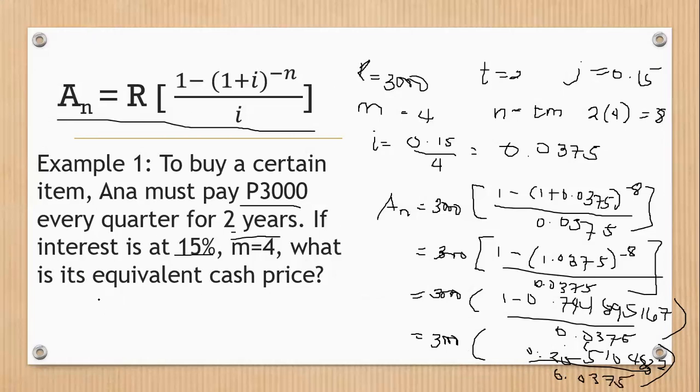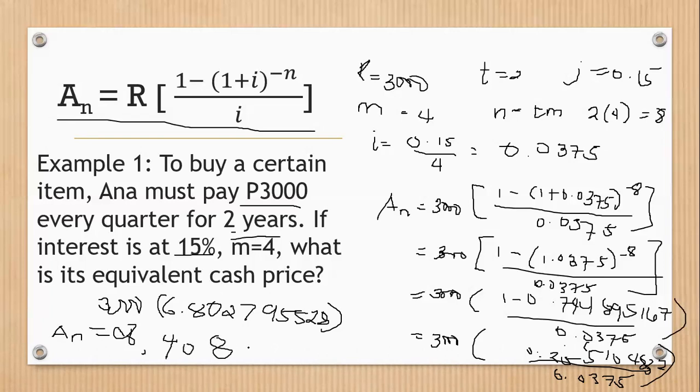Continue natin dito: 3,000 multiplied by 0.255104832 divided by 0.0375, we can have 6.802... Multiplied natin siya kay 3,000, so we can have our present value: 20,408.39.